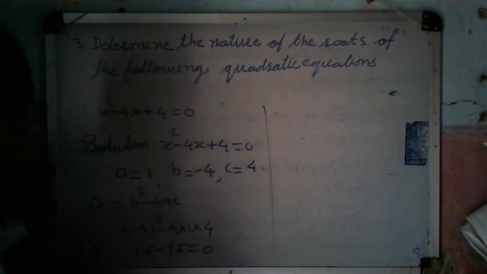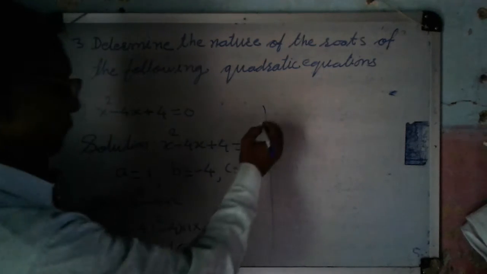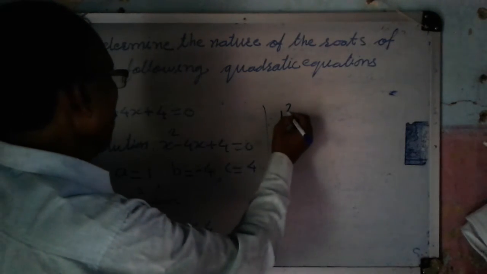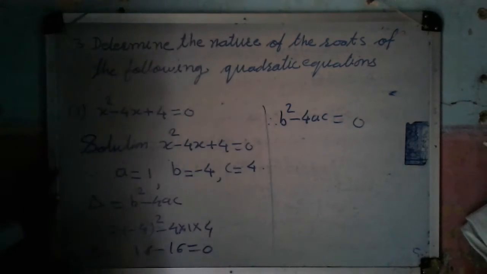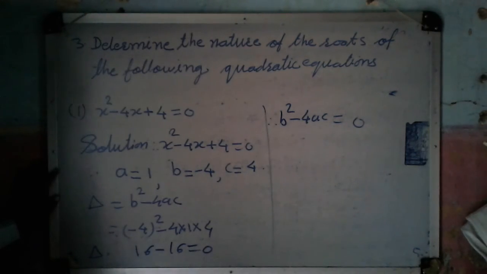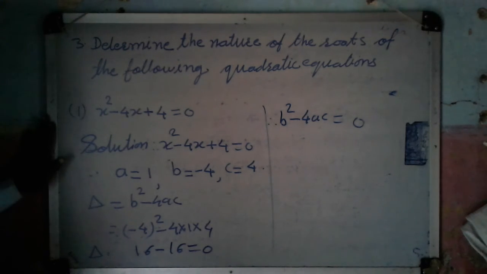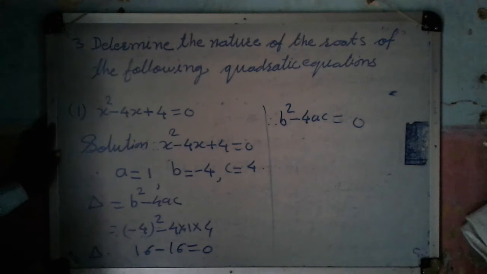Therefore, b square minus 4ac is equal to 0. And if the value of discriminant is 0, then the roots are real and equal.